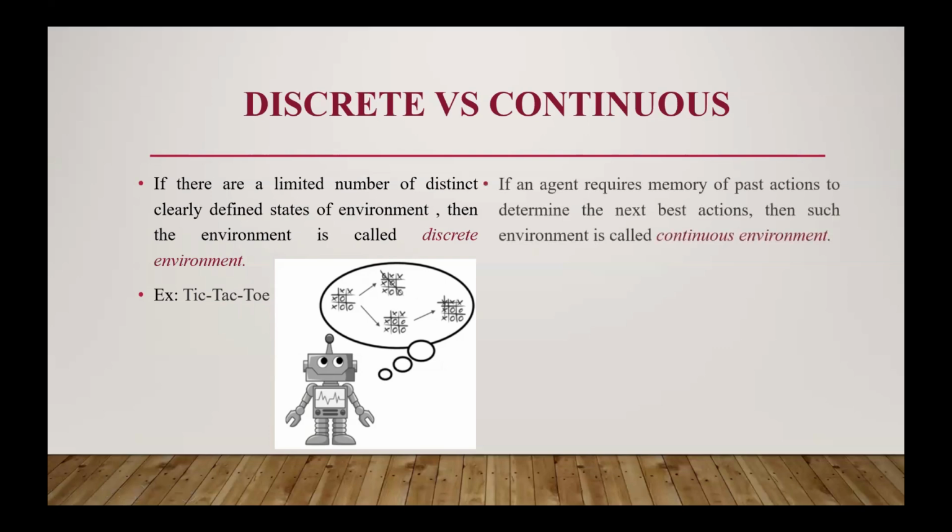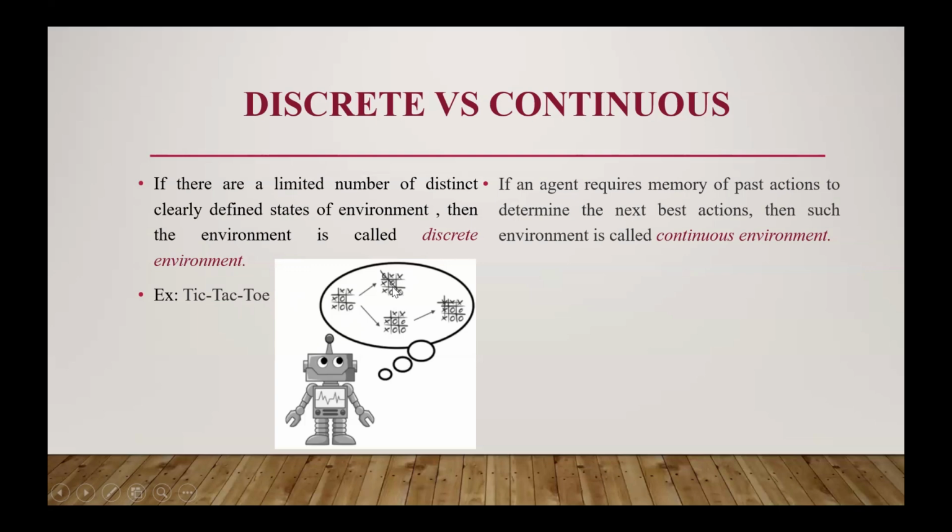If an agent requires memory of past actions to determine the best action, then such an environment is called continuous. So in this case, if the agent has to take the best action to reach the goal, then it has to record its past information. In the previous case, there is no need to store previous information; you take the next action on the basis of the current situation.